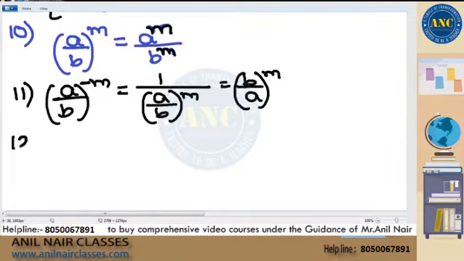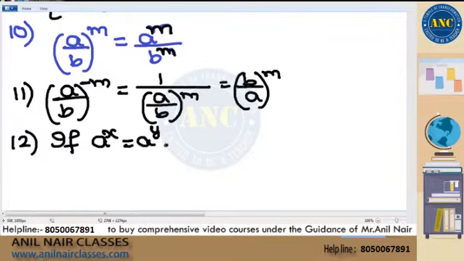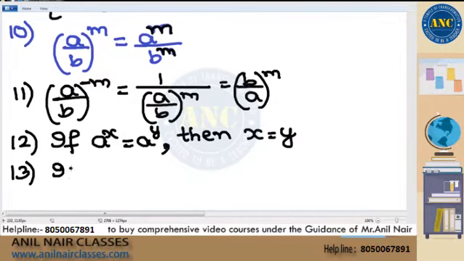And probably other 2 or 3 which we can derive: if a power x is equal to a power y, and the bases are the same, ignore the bases and equate the powers, then x will definitely be equal to y. Similarly, the reverse is also true.